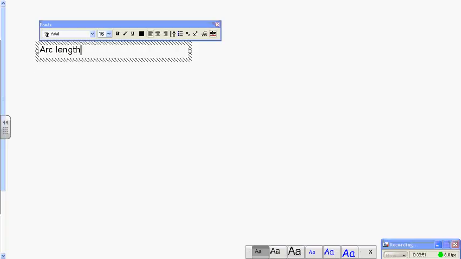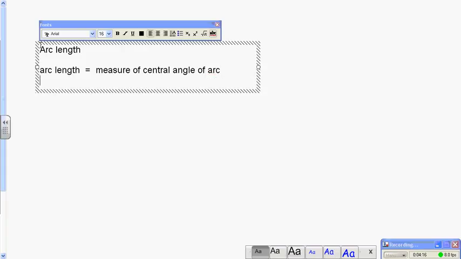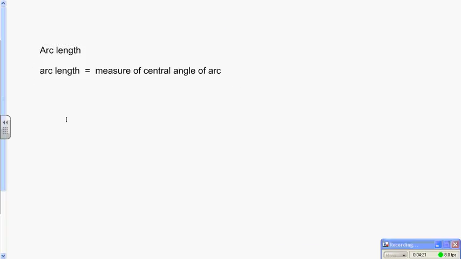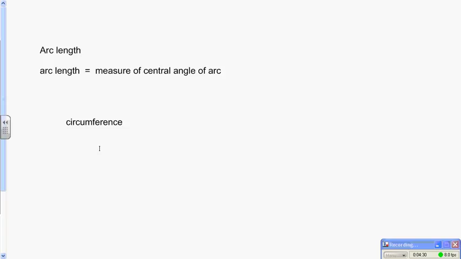Arc length can be found by taking the measure of the central angle of the arc, and we're going to have circumference. We're going to divide circumference by 360.